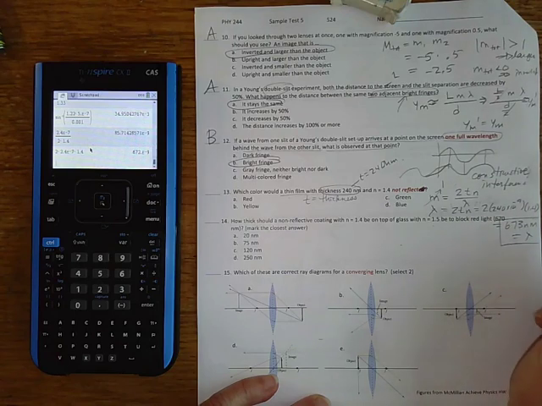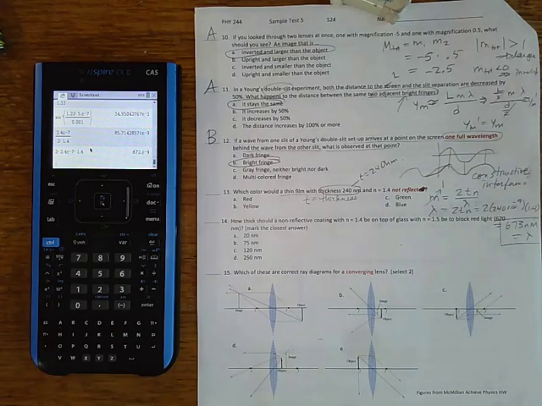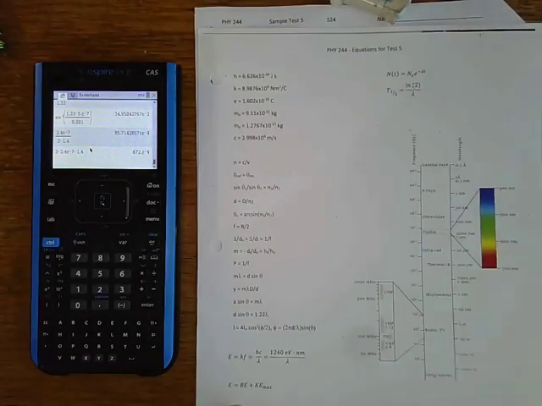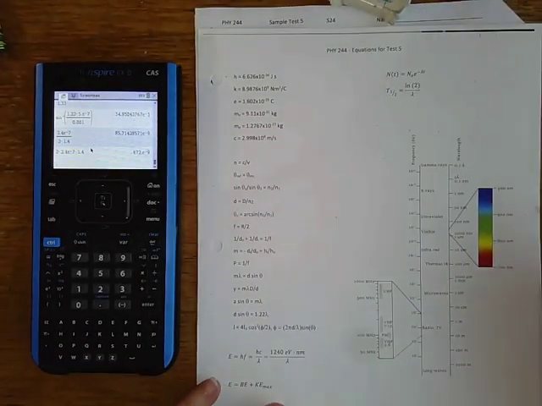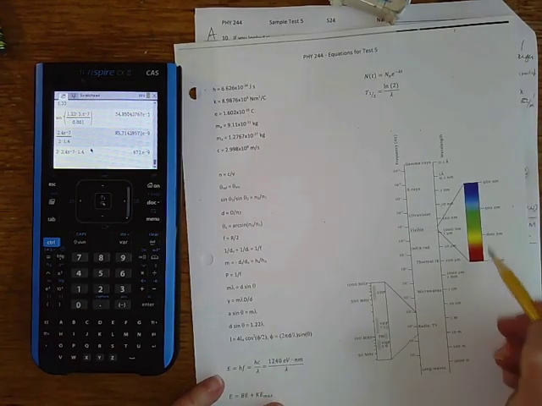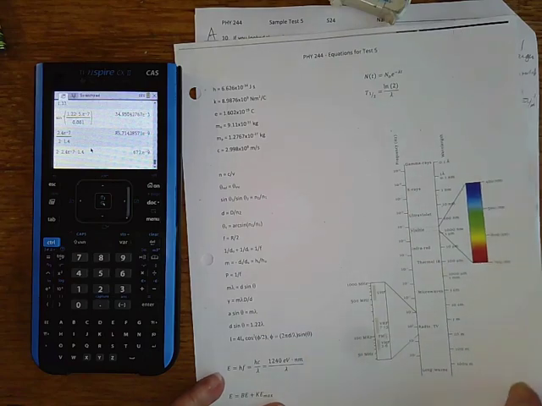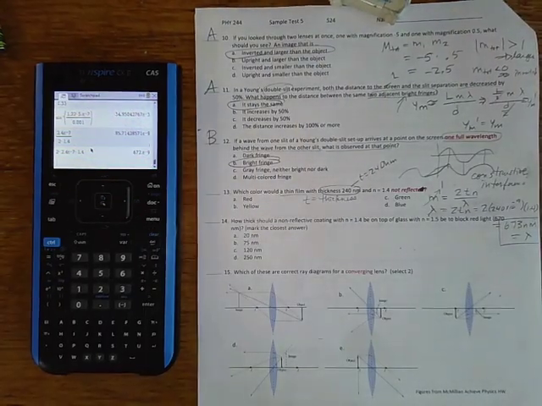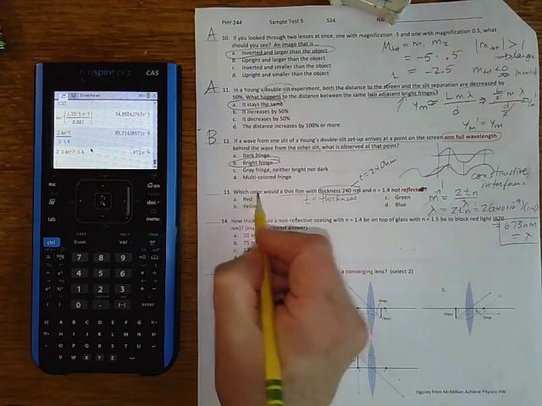All right, and our new handy dandy equation sheet has our spectrum on it. So here's 600, here's 700, 673 looks pretty much red. Red.